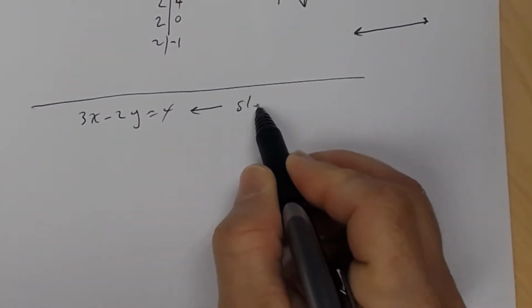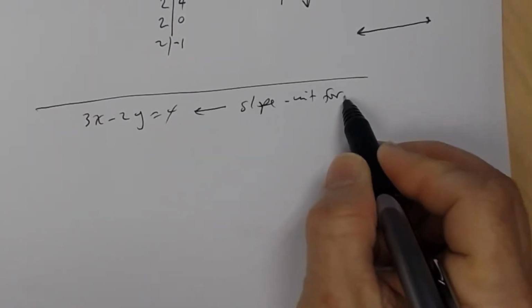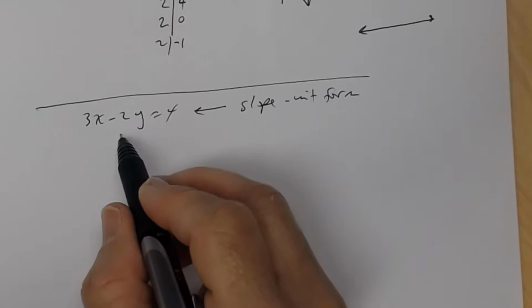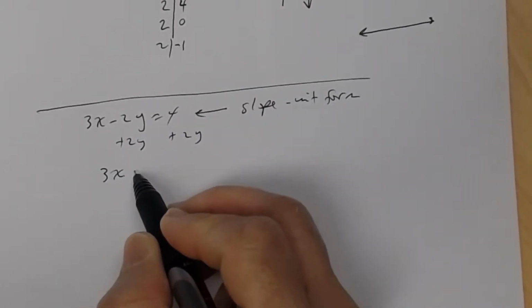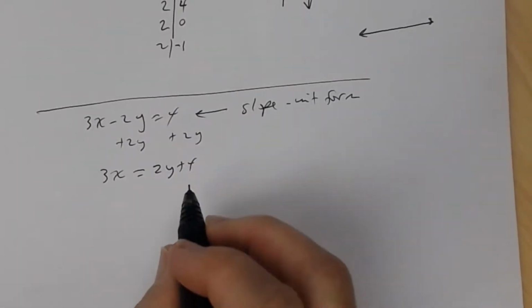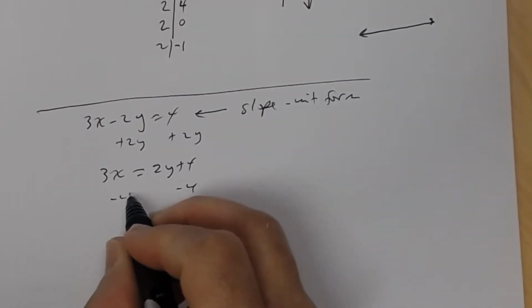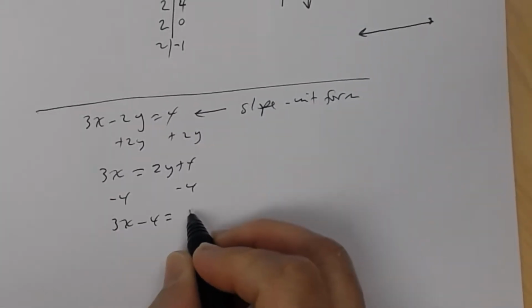So let's put this in slope-intercept form. I'm going to add 2y to both sides, and so I get 3x equal 2y plus 4. Then I'm going to subtract 4 from both sides, and so I get 3x minus 4 equal 2y.